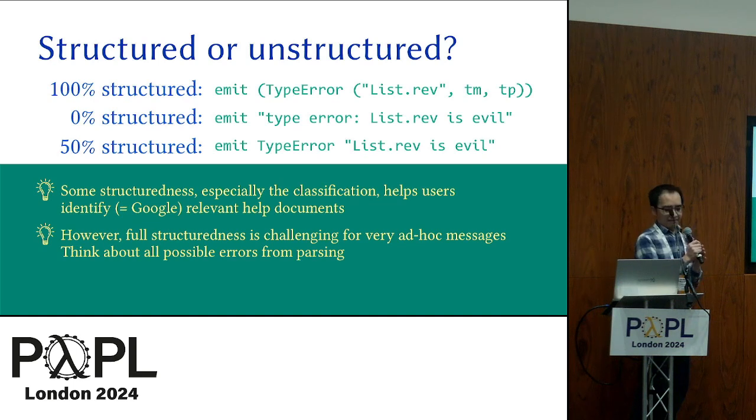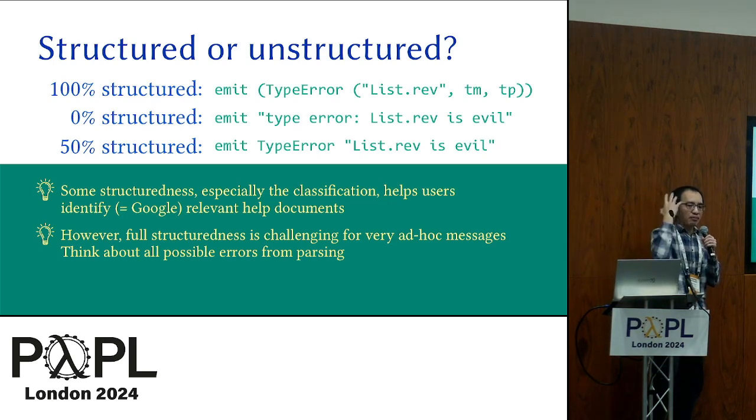However, if you go all the way with full structuredness, I think in practice you are going to encounter difficulties in many cases. And one of the significant cases, in my opinion, is parsing, because there are so many different possible errors due to parsing. Maybe an unmatched symbol, or something missing, or something expected, or a lexer looking for something at the end of the string and not finding it.